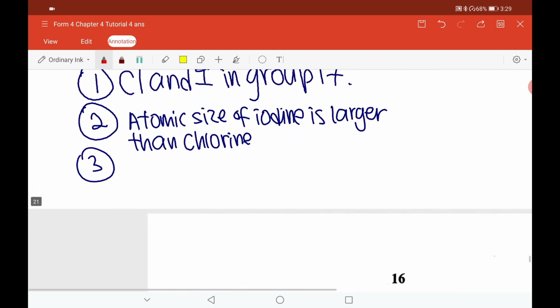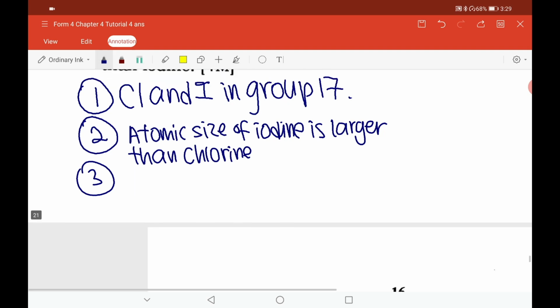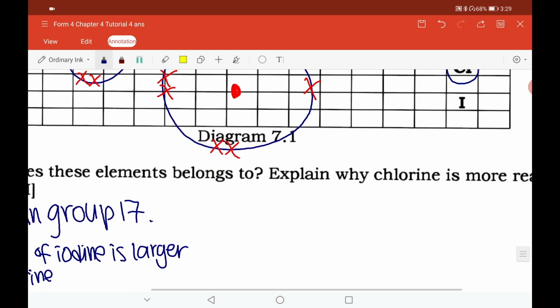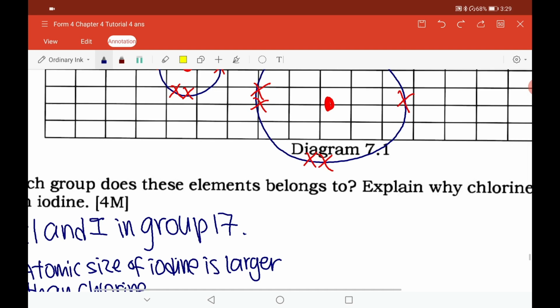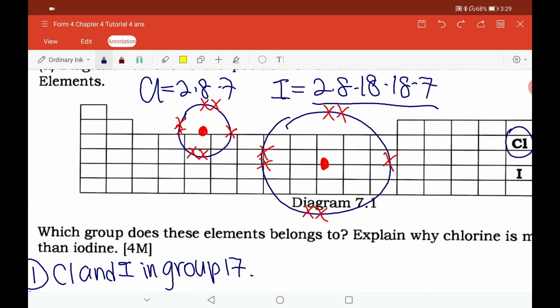So you can just mention why chlorine is more reactive. They ask us to use chlorine to explain, so we go for chlorine first. We focus on chlorine.